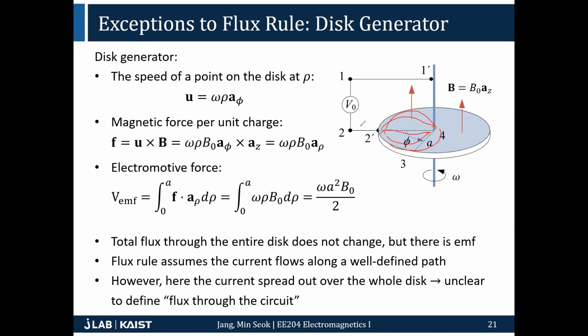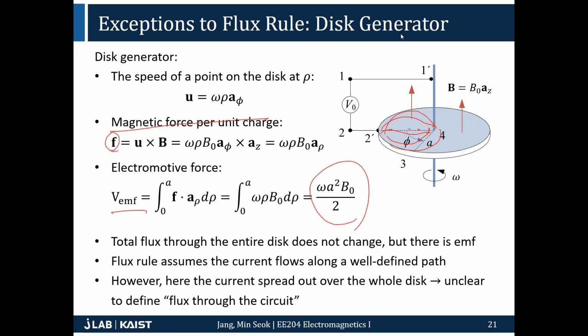One way to resolve this problem is to go back to the fundamental microscopic force. If you calculate the microscopic Lorentz force applied to a unit charge on the disk, you get the force F, and by integrating it along the path, you can obtain the electromotive force. So that's one way to resolve the situation.